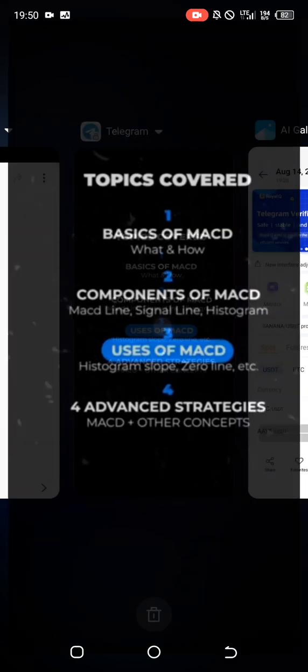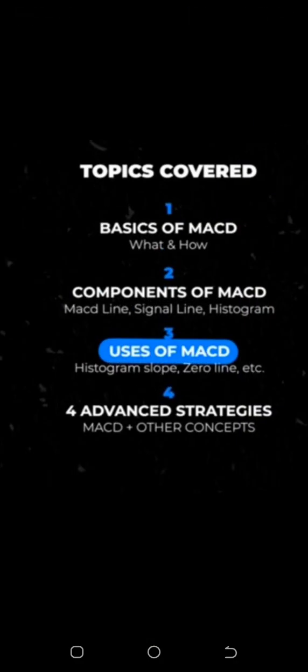The topic we are going to talk about today is MACD: what it is and how it works, the components of the MACD, uses of the MACD, and 4 advanced strategies. The word is advanced. We have a lot of MACD strategies. Royal Q is trying to make it very simple for us, so don't worry, everything is going to be just fine.